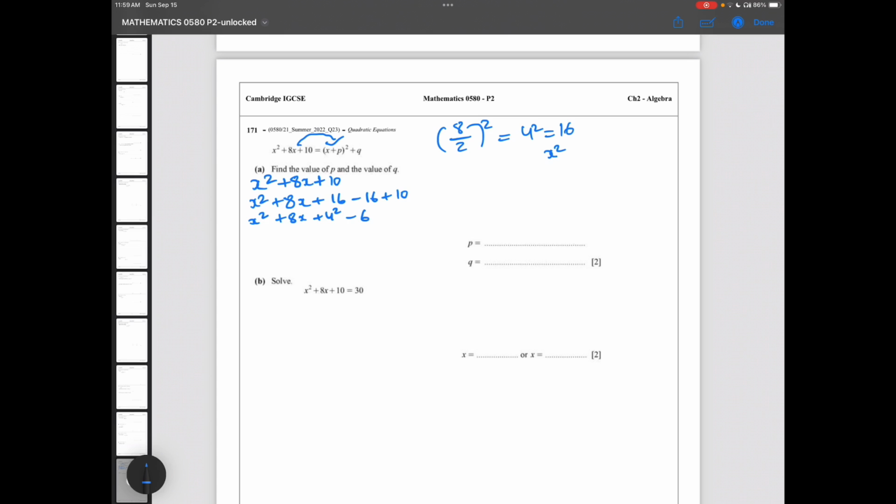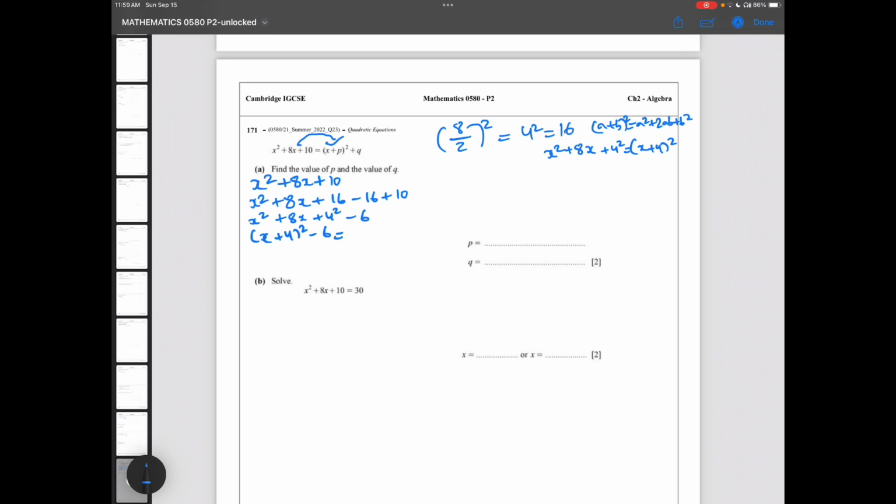Because x squared plus 8x plus 4 squared will be equal to (x plus 4) whole squared. So instead of this, I can write (x plus 4) whole squared minus 6.